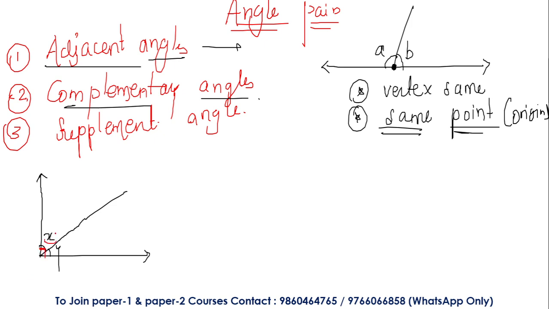So the summation of angle X and angle Y is not going to be more than 90 degree, because the bigger angle over here is only 90 degree, right? This one smaller part is X, this other part is Y. So angle X plus angle Y is going to be 90 degree only, right? So we can clearly say that both the angles are complementary angles.